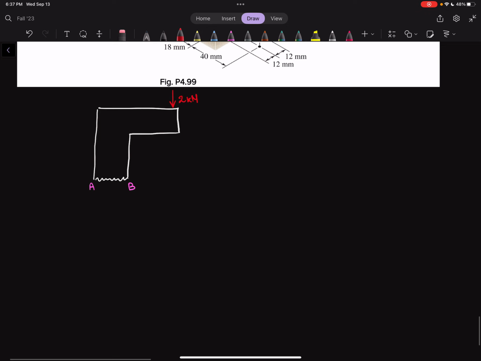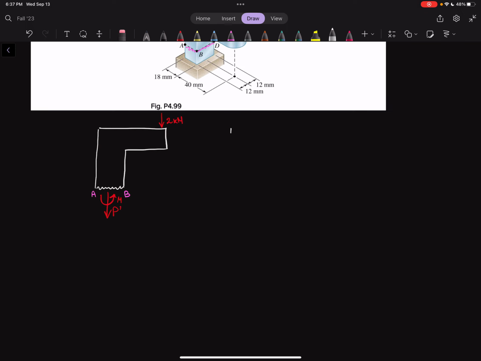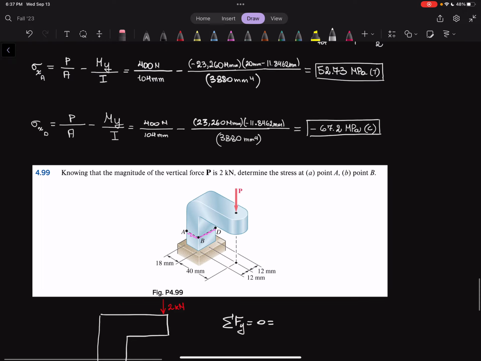So what are we gonna do? Well, we cut, so we're gonna have a load P prime coming out, and then we're going to have a moment like this. So what are we gonna do? Well, we're gonna say the sum of the forces in the y direction is equal to 0.